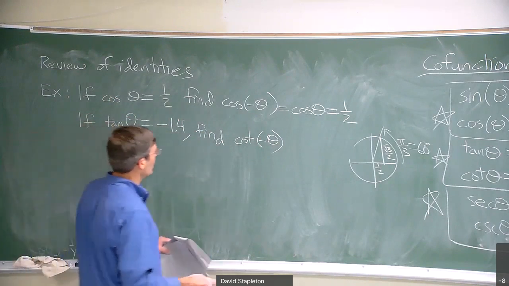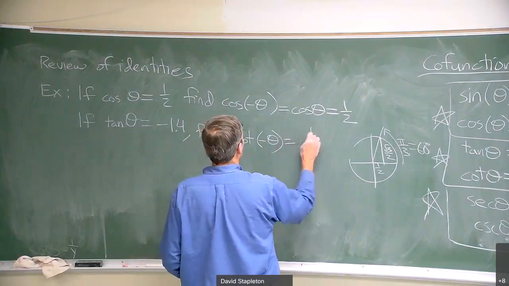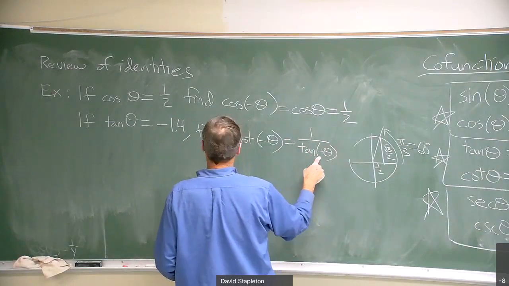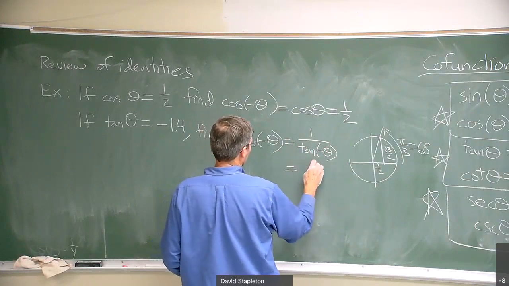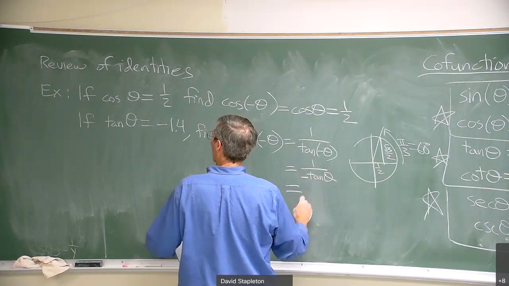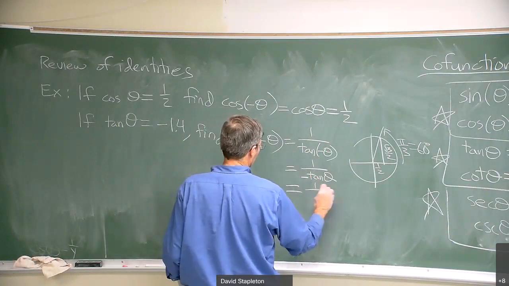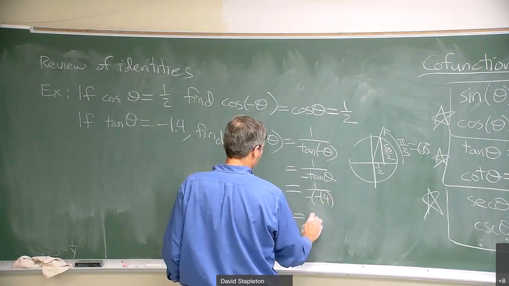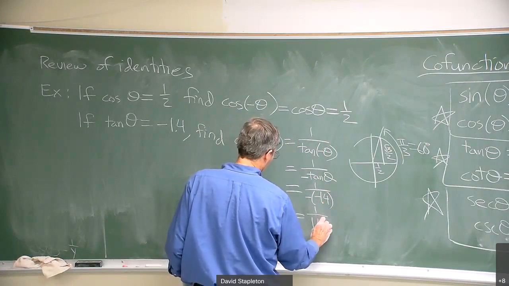Well, cotangent is the reciprocal of tangent, the reciprocal identity, right? Tangent is an odd function, so the minus comes out. And tangent is minus 1.4, so it's 1 over minus 1.4. It's just 1 over 1.4.